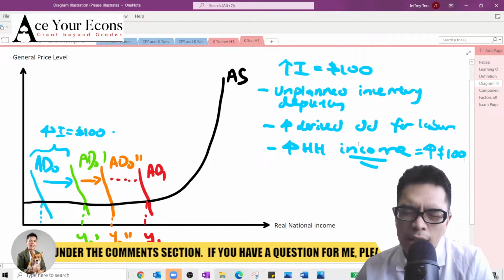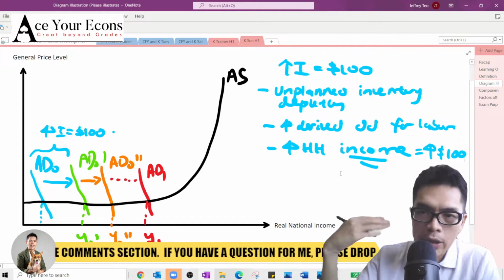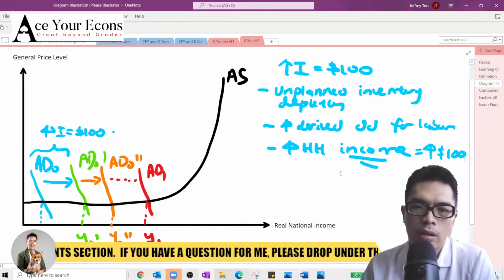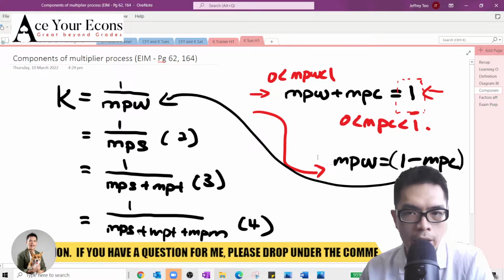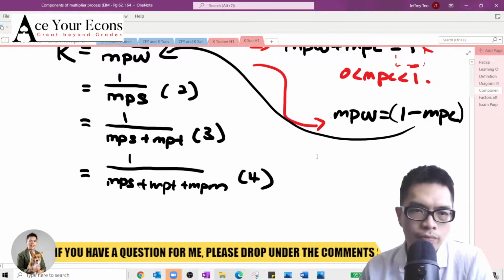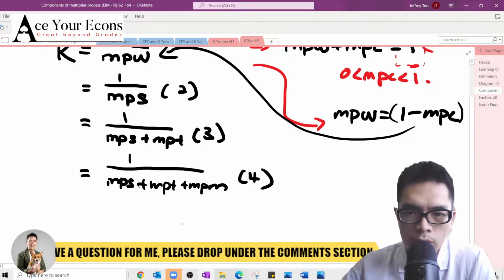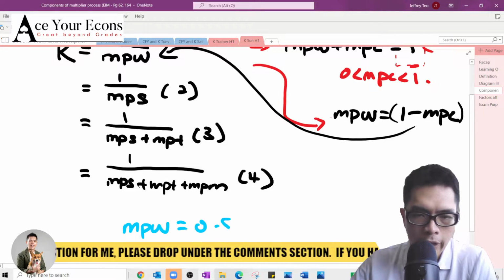Now, when households receive more income, this will start to trigger the multiplier process. Why? Because they are going to obey what we have discussed earlier on, right? So now, let us make certain assumptions. Let's assume your MPW to be 0.5.